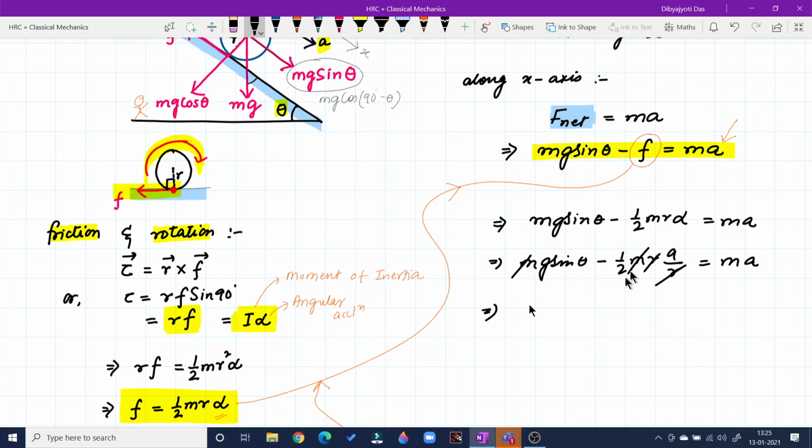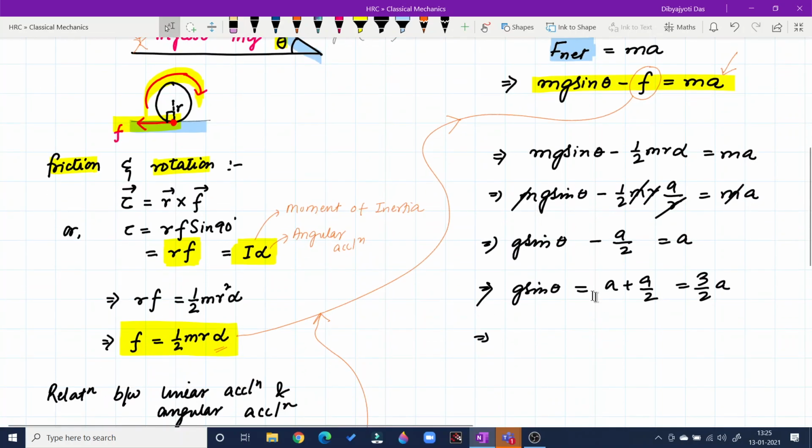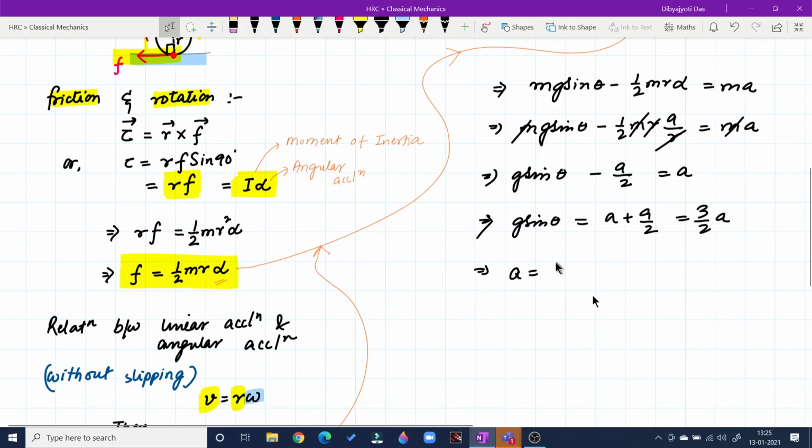M and m get cancelled, so you have g sine theta minus a by 2 is equal to a, or g sine theta is equal to a plus a by 2, which is 3 upon 2 a. So a is equal to 2 upon 3 g sine theta is your answer.